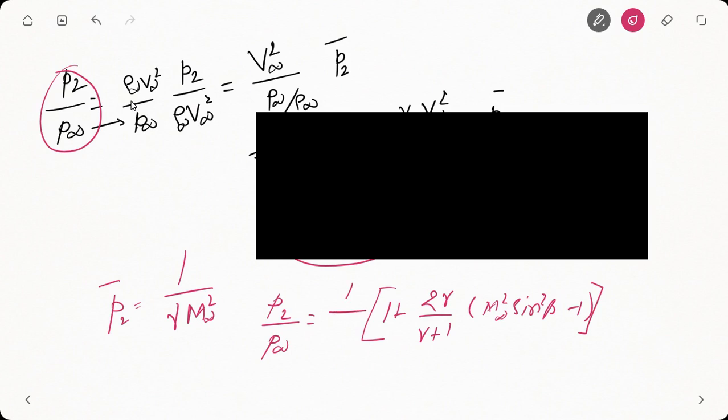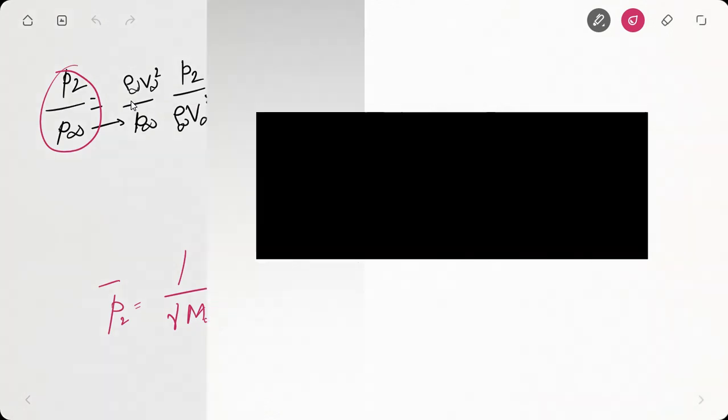Now we divide by gamma M infinity square. What does it yield? We'll see that.